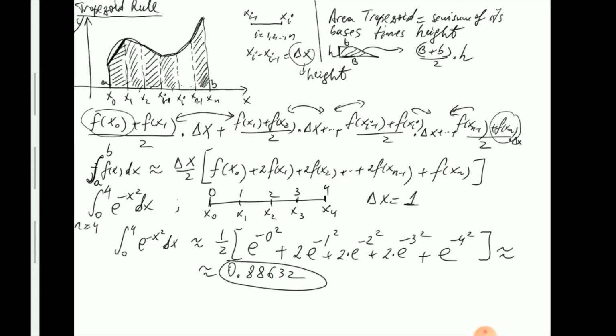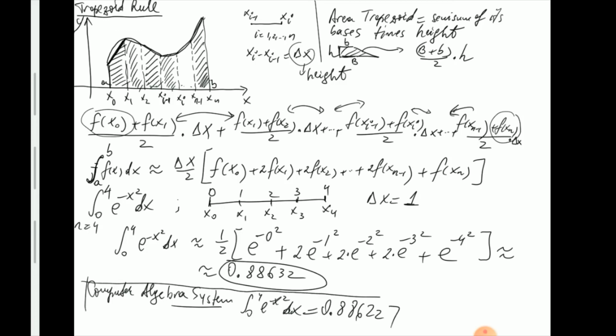Now, if you use, for example, a computer algebra system like Maple or Wolfram Alpha, you will see that the integral from 0 to 4 of e to the minus x squared dx is equal to, let's see, that I wrote it somewhere. Yeah, it's equal to 0.886227.